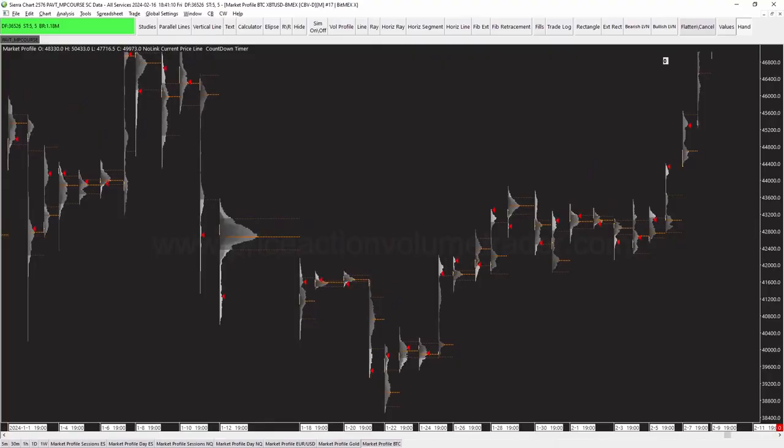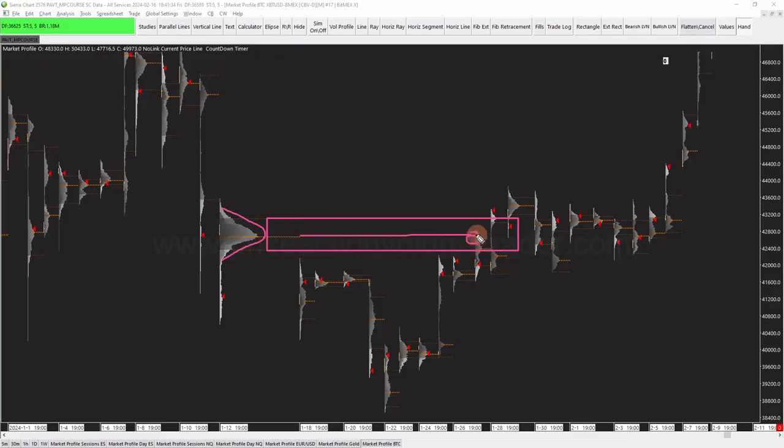And then you can see how we have this big valley area right here. And so when this market started trending up, we can have a projection of this valley area and the point of control. And you can see how right here we hit this point of control target.